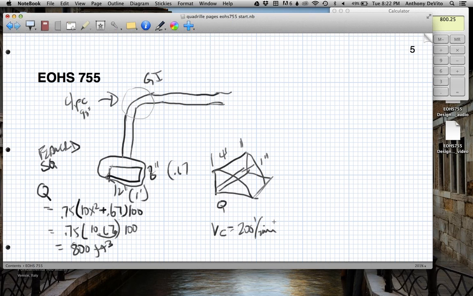So now we have to figure out what quantity of air we need. How do we figure that out? Q is equal to 0.05 times pi, 0.05 times 3.14, times the length of the slot. The length of the slot is 4 feet, times the capture velocity that we want, which is 200.